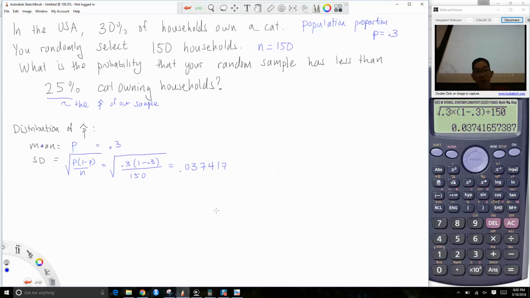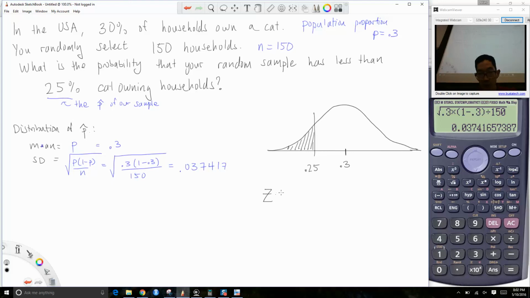Okay. If I were to draw a picture here, in the center, the mean value goes right there, 0.3. And over here, I want to know what's the probability of getting 25%, which is 0.25, or less. So I want to know what's this area over here. So I've got to figure out my z-score.